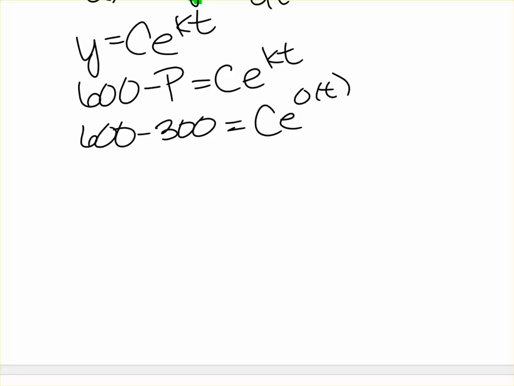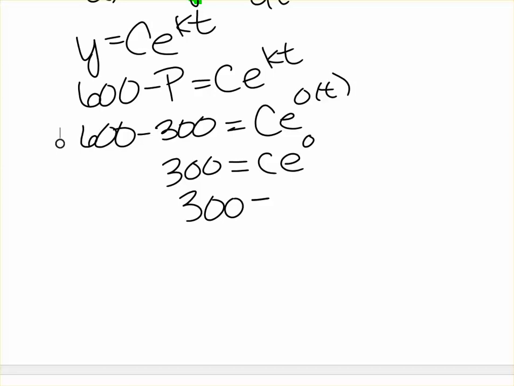So 600 minus 300 equals c e to the 0 times t power. Simplifying that down gives us 300 equals c e to the 0 power. Remember, anything to the 0 power is 1. So 300 equals c.